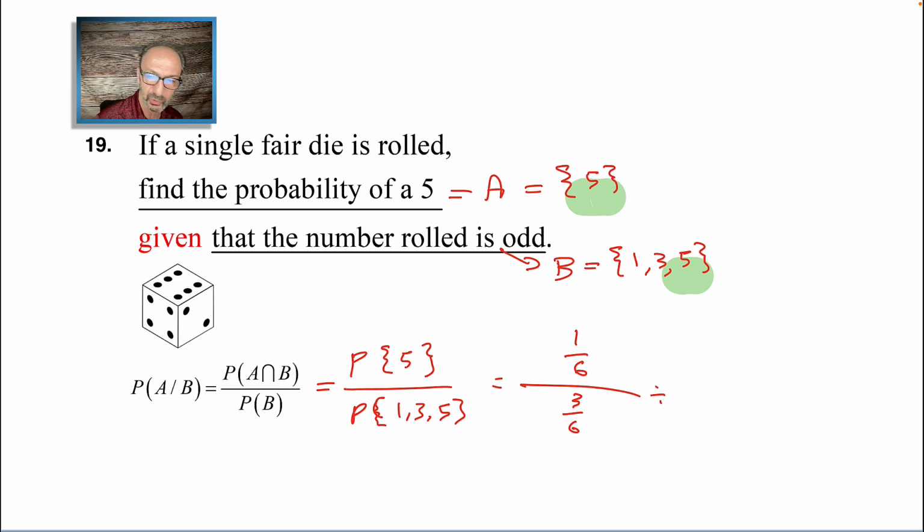Changing this division to multiplication, that shows 1 over 6 divided by 3 out of 6, or differently, as I mentioned, changing it to multiplication, I have to flip this side. Now this cancels, cross cancel, divide by 6, divide by 6, and the final answer is 1/3.